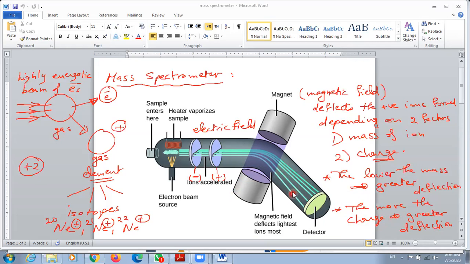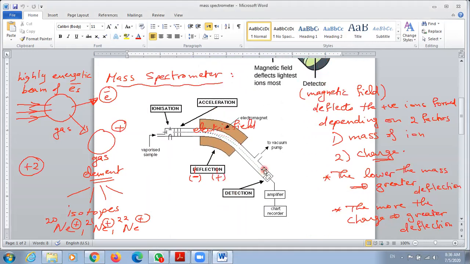This means that the +2 charge is going to be deflected more than the +1 charge. And then it reaches what we call a detector. The detector is moving from one peak to another, from one line to another, from one deflected positive ion to another ion in order to detect it. And then the detected species, using a computer, are going to be amplified.